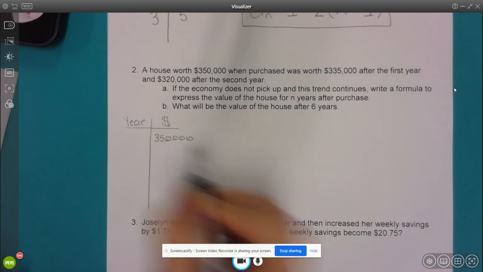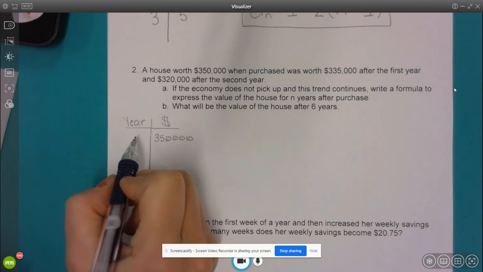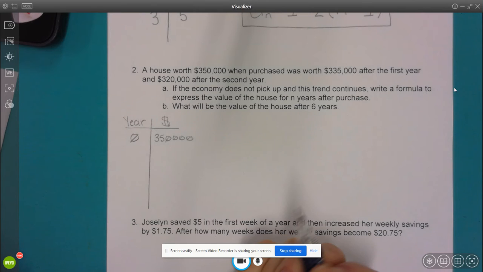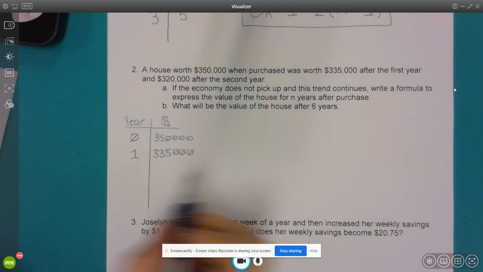So when I first purchased the house, it was worth $350,000. Because I've just purchased it, no time has gone by, so my input will be 0. After the first year, it's worth $335,000. So that will be my next input in my table.